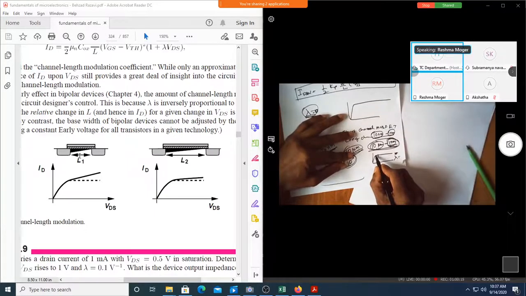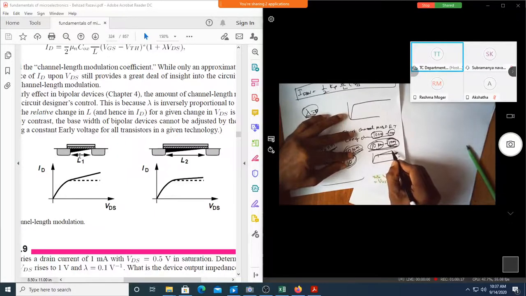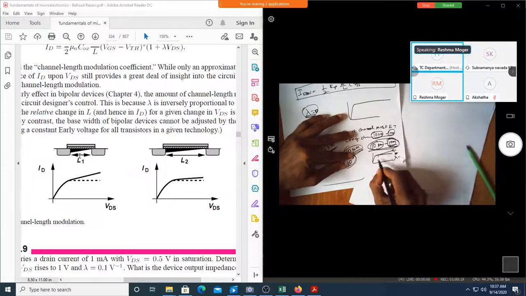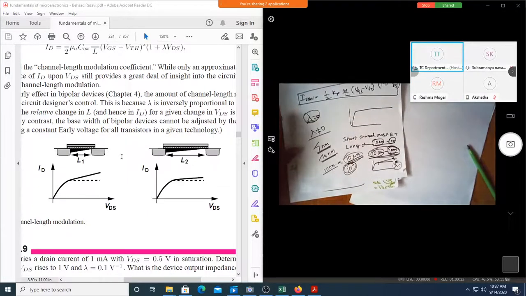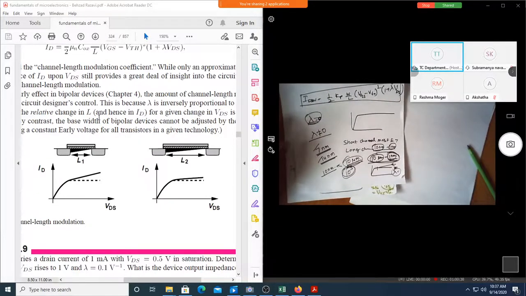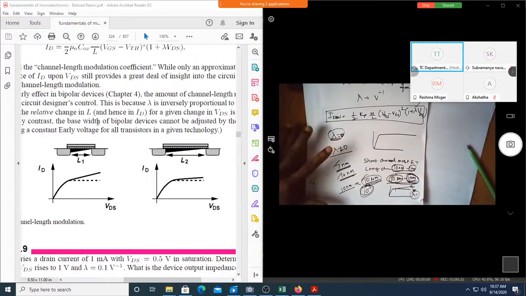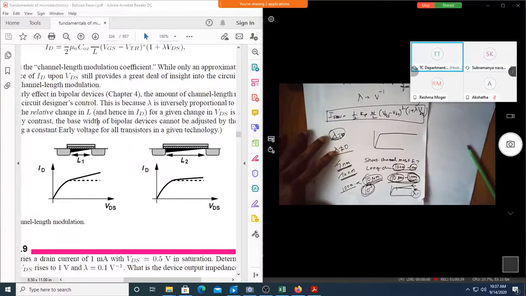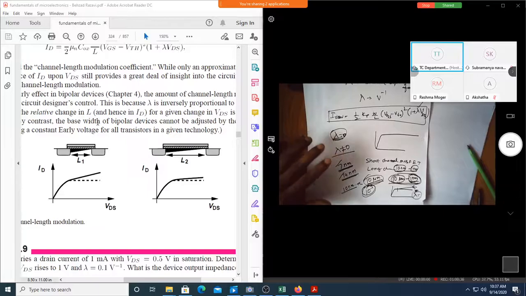That's why you can see a huge impact on the characteristics of the device when the length of the transistor is lesser and lesser. The variation is more as the channel length reduces. So all these channel length modulation effects come into the picture only for short channel devices. They are not there in long channel devices.